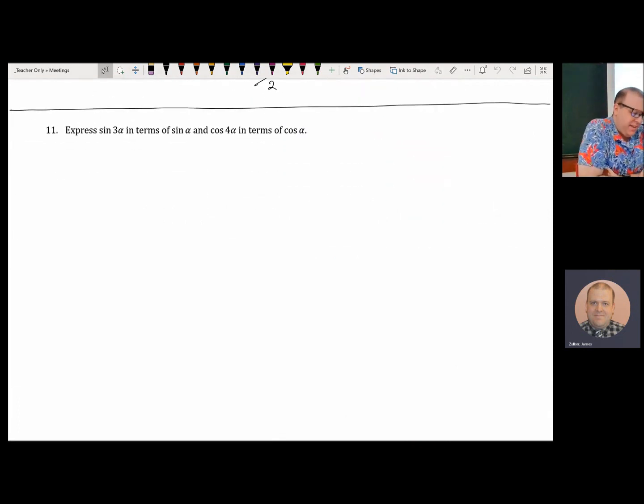Express sine of 3 alpha in terms of just sine of alpha, and express cosine of 4 alpha in terms of just cosine of alpha.